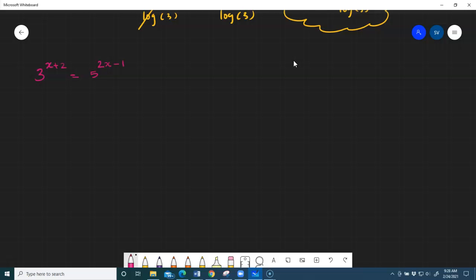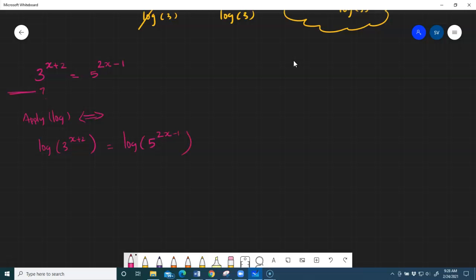As I told you before, if you have a question like this, your tool is log. So apply log on both sides. What will happen is log of 3 to the power x plus 2 is equal to log of 5 to the power 2x minus 1.